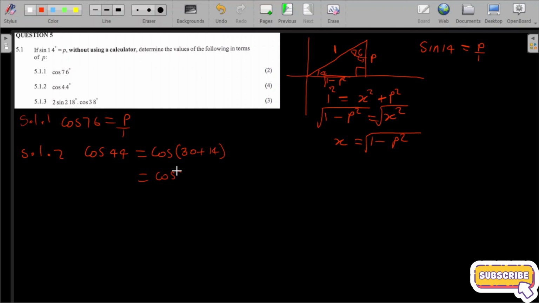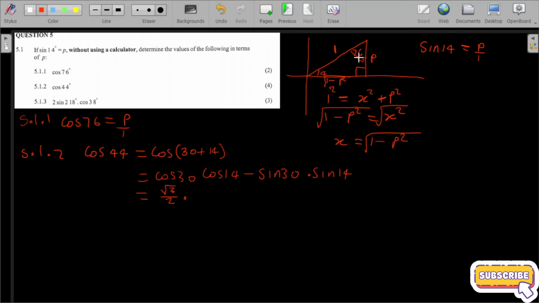It's cos 30 cos 14 minus sine 30 sine 14. Cos of 30 is just square root of 3 over 2 times cos of 14.